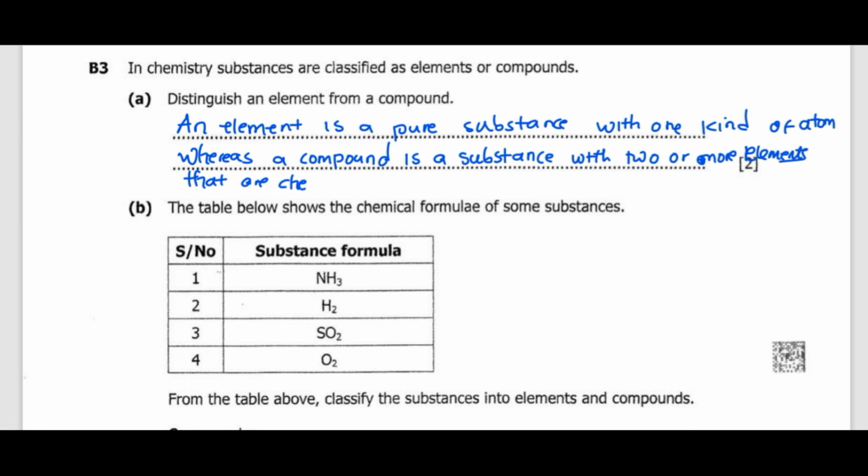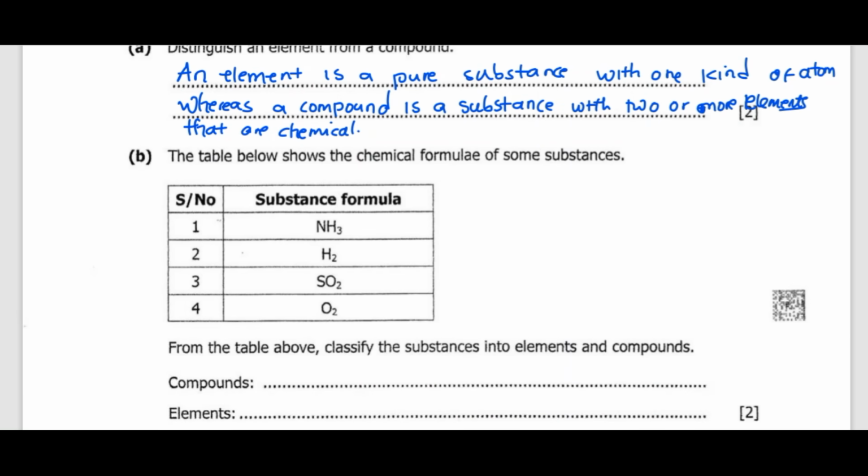So that's a point here. Then also an element we can say is a pure substance that cannot be split or broken down.